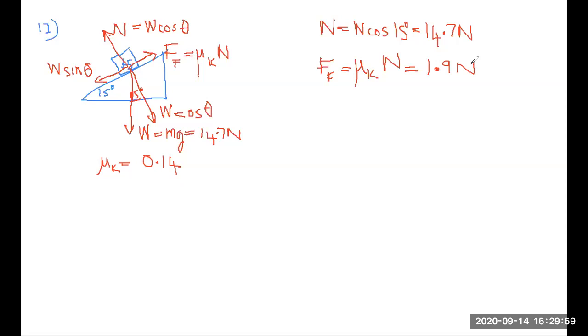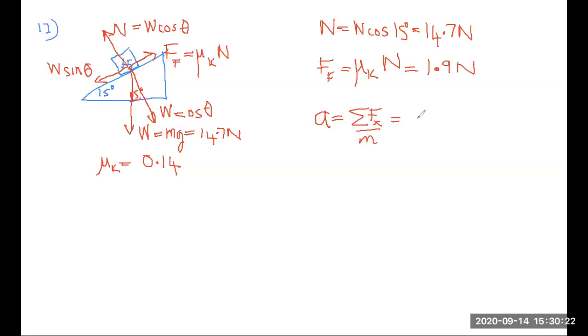And then finally, we also want the acceleration of the block down the incline. Well, the acceleration down the incline is due to the forces that act down the incline, I'll put a little x in here, I call this the x direction along the incline, divided by the mass. So that's Newton's second law.